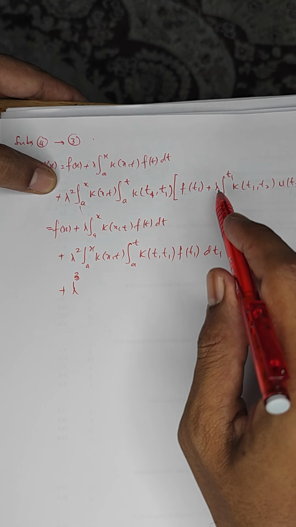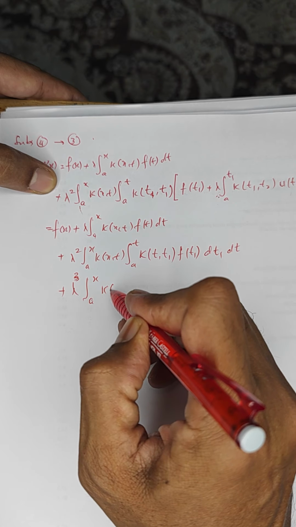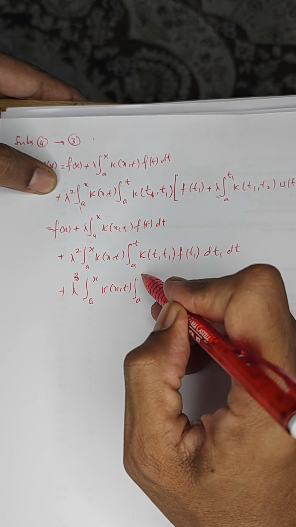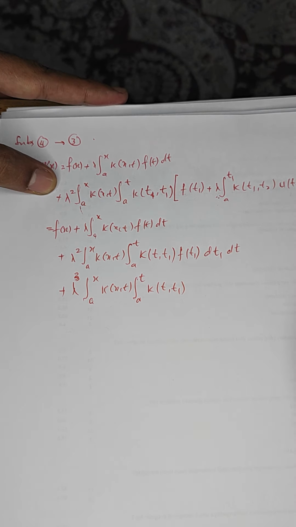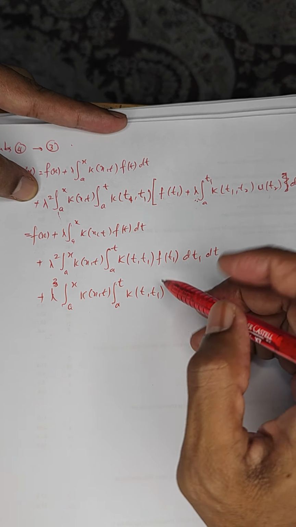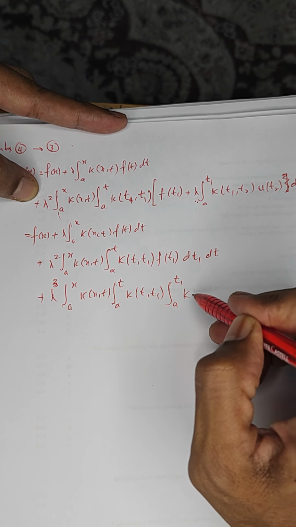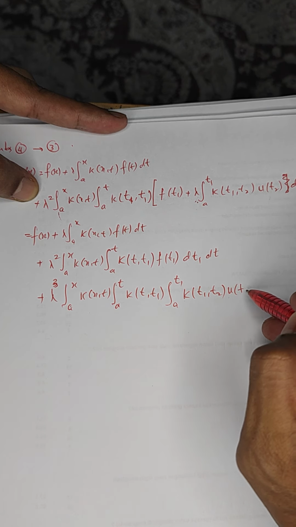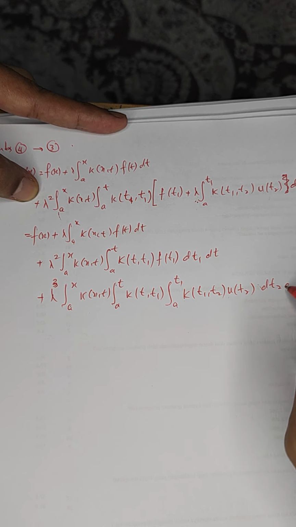So for the lambda cube, we have the integral from a to x of k(x,t), the integral from a to t of k(t,t1), and then another integral from a to t1 of k(t1,t2) u(t2) dt2 dt1 dt.